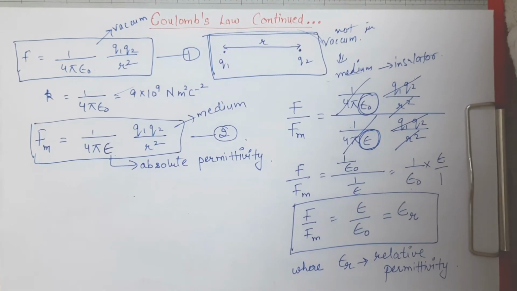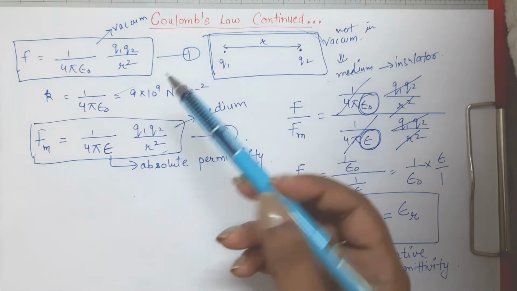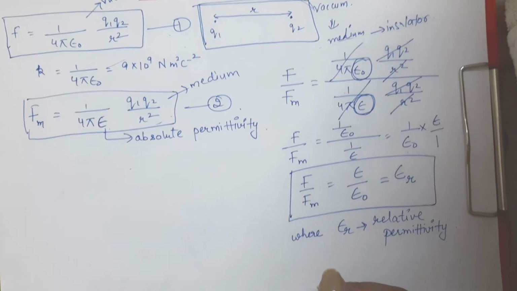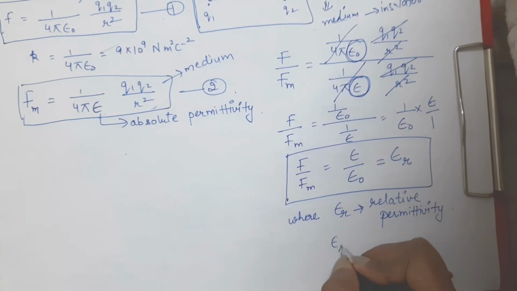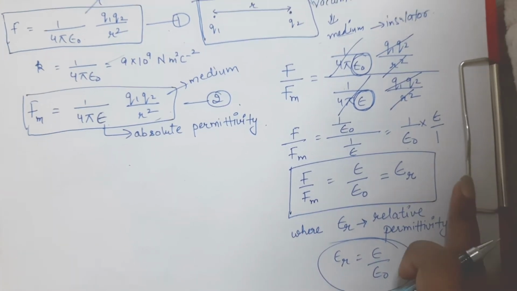So what we have done here is we have divided these two equations and got epsilon by epsilon naught, which we have designated as epsilon r, known as relative permittivity. So you have to remember that epsilon r equals epsilon by epsilon naught.